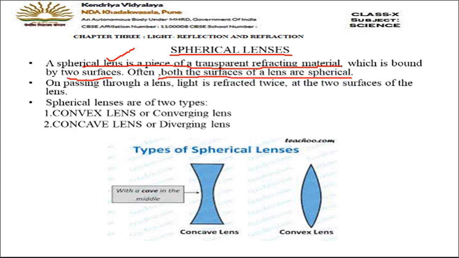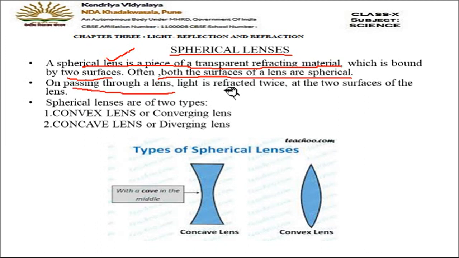Generally, both these surfaces are spherical in nature, but it can depend on the condition whether both the surfaces should be spherical or not. Sometimes one side is plane and the other one is spherical, or both the sides can also be spherical. We'll see in the next slide how it looks.